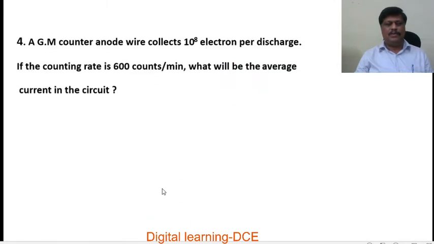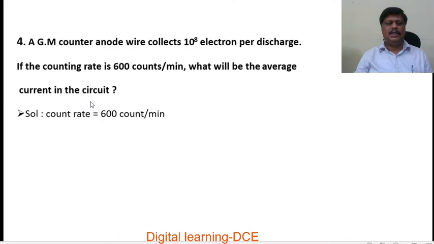Problem number 4. A GM counter anode wire collects 10 power 8 electrons per discharge. Small n is given. If the count rate is 600 counts per minute, capital N is given. What will be the average current in the circuit?